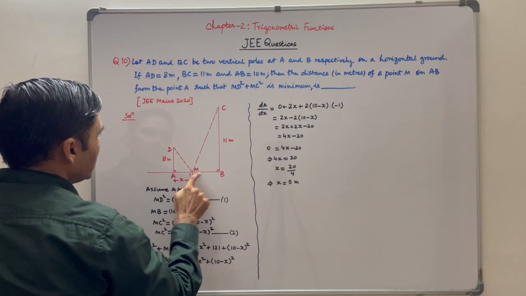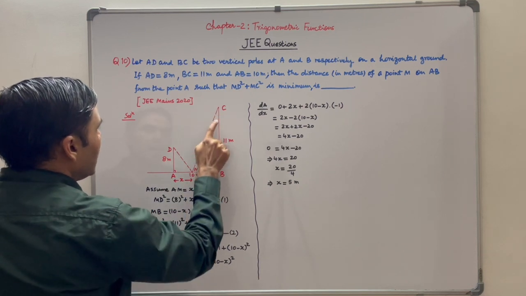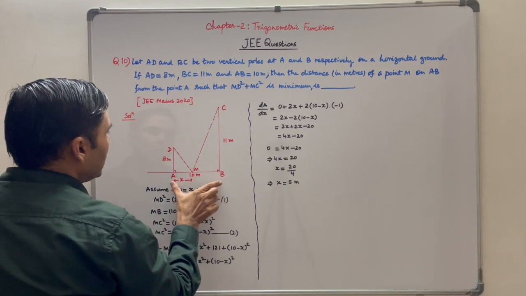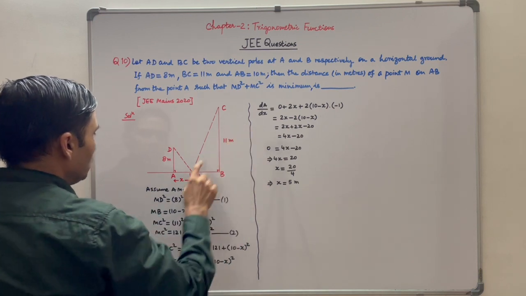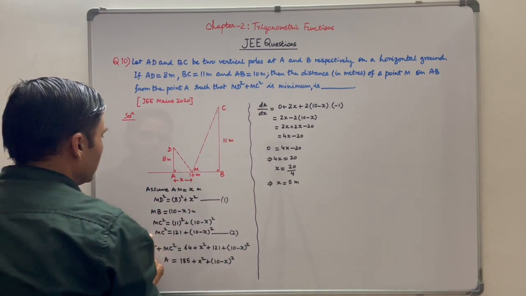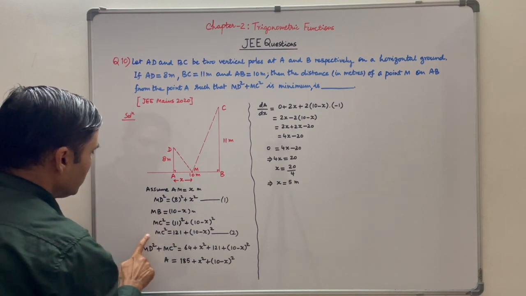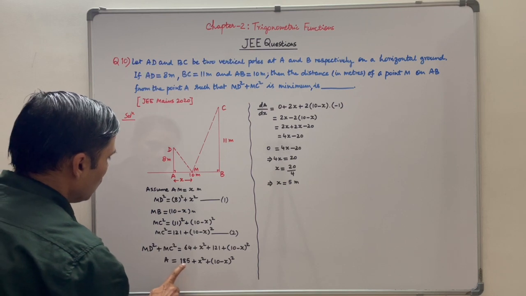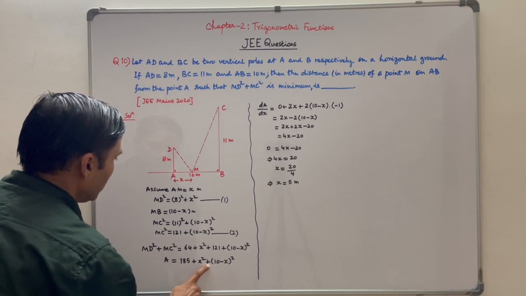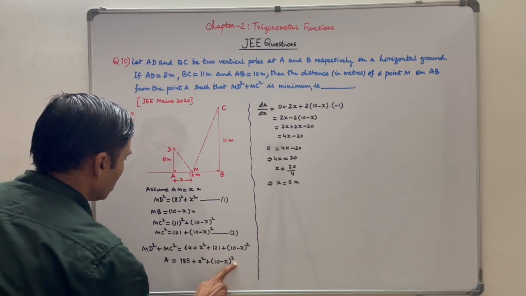Applying Pythagoras theorem in this triangle, MC square is equal to (10 minus x) whole square plus 11 square. So we will get two equations. Now MD square plus MC square is represented by A. So A is equal to 185 plus x square plus (10 minus x) whole square.